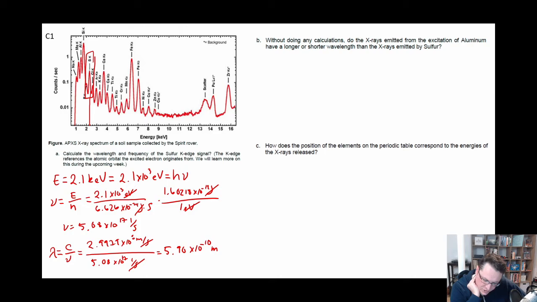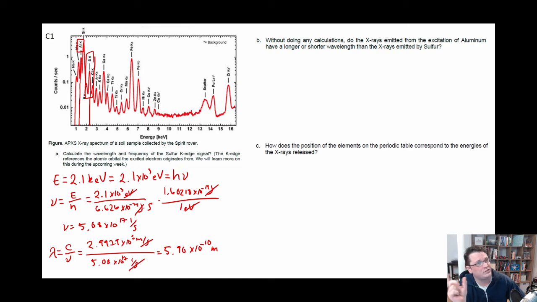Without doing any calculations, do the X-rays emitted from the excitation of aluminum have a longer or shorter wavelength than the X-rays emitted by sulfur? We know where sulfur is, and looking at aluminum, we can see it's right here at around 2.4 or so kilo electron volts. So it has less energy, it's at a lower energy, which means it's going to be at a longer wavelength.